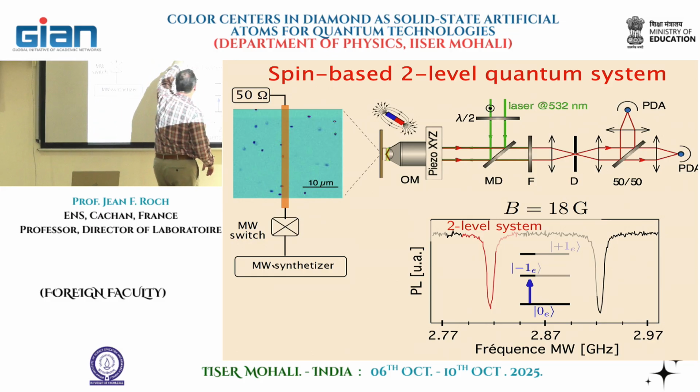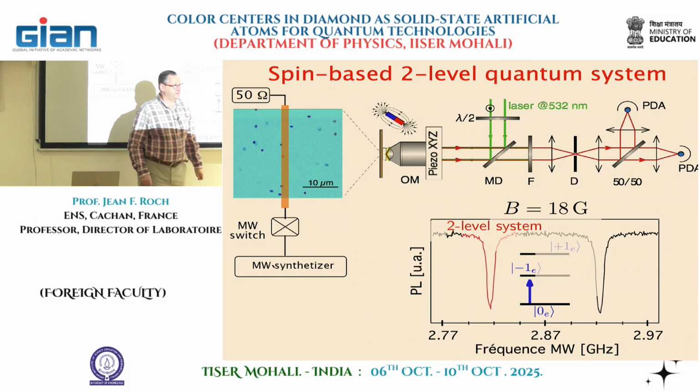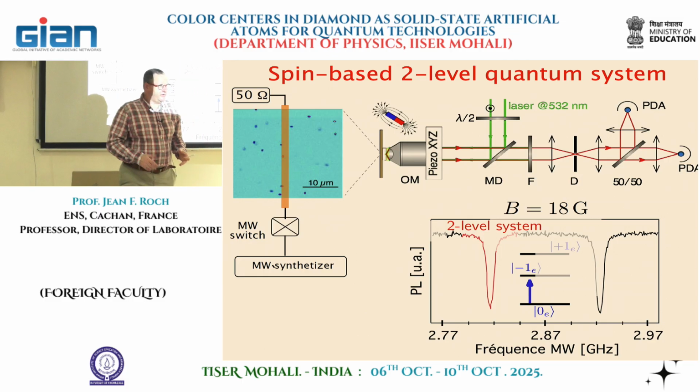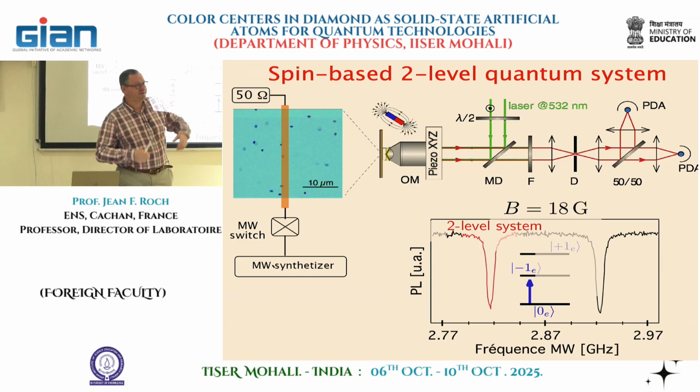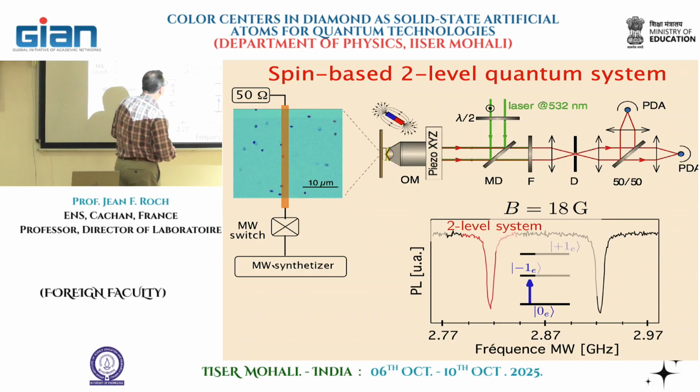Then there is what we call the dichroic mirror, which filters the light emitted by the NV centers from the green laser excitation, because as we know, there's a Stokes shift that corresponds to the luminescence of the NV centers.